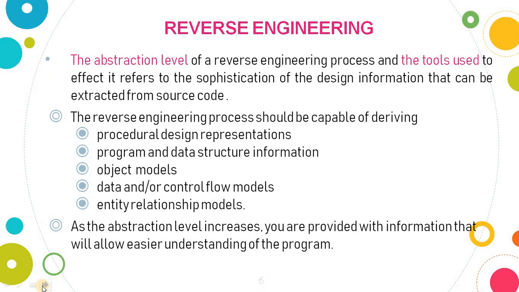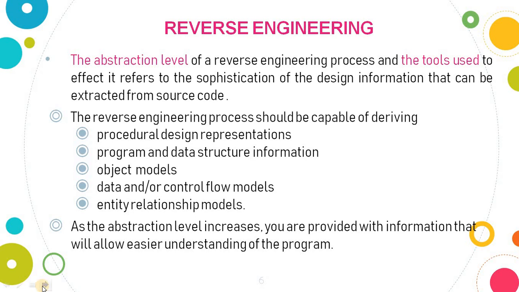First one is the abstraction level. Abstraction level means the degree to which the product is readable. The reverse engineering process should reveal all the details about a product. So the abstraction level should be very high.